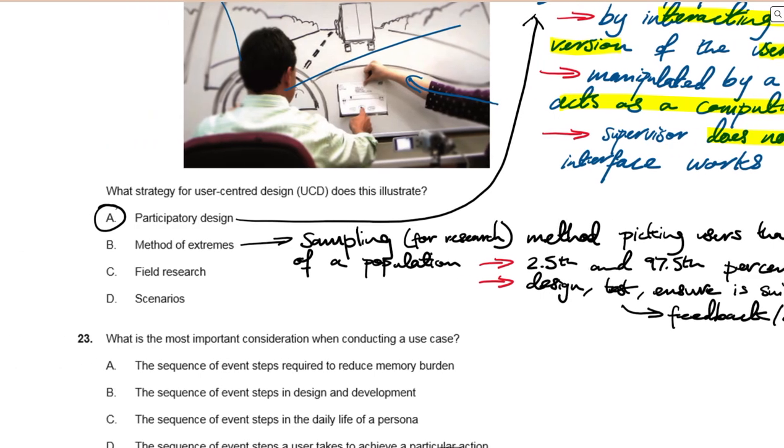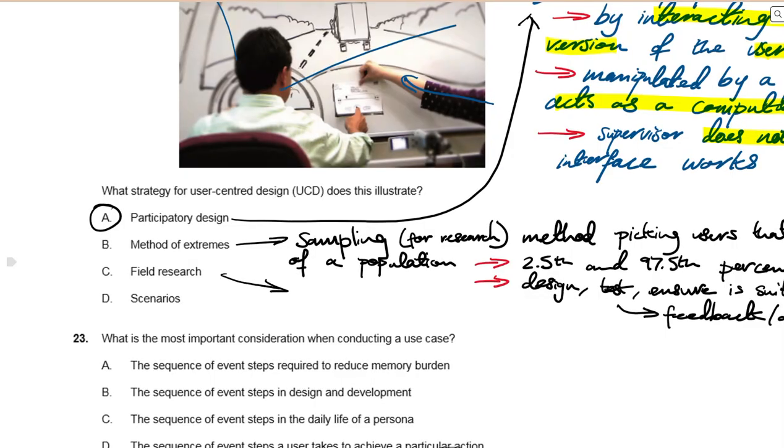Okay, and then next is field research. That is just our secondary. That's first-hand observation, which is similar to what we see here, right? But you have to deeply understand the difference between these answers.